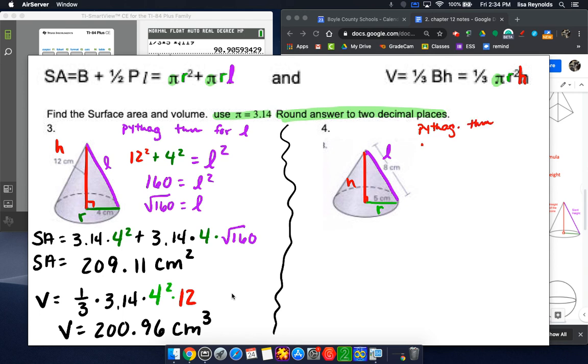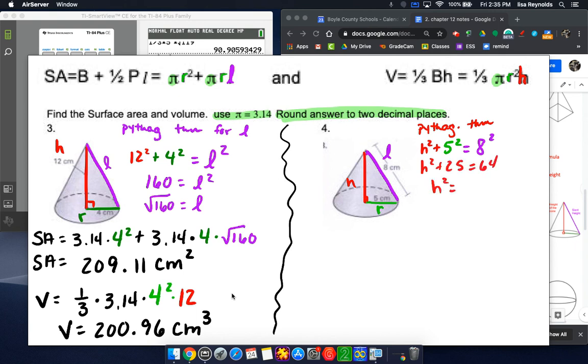So it is our height squared plus the radius squared in order to equal the slant height squared. So when we calculate, this is going to be height squared plus 25 equals 64.